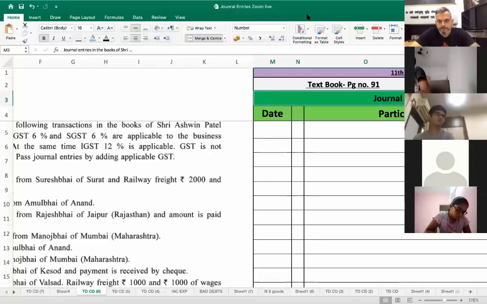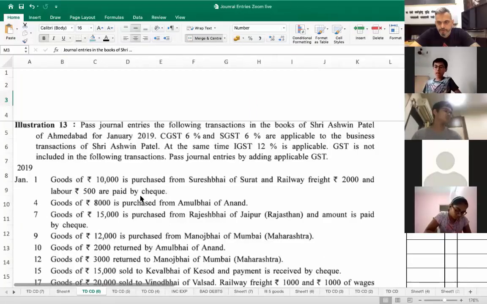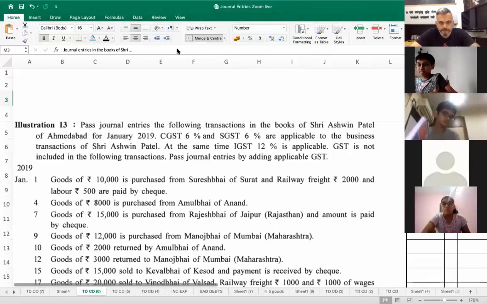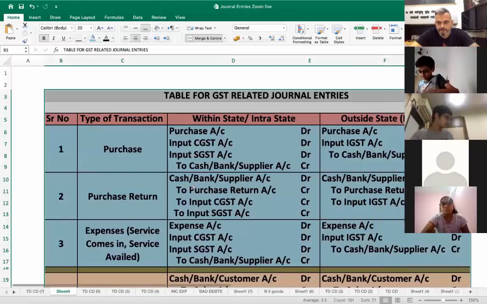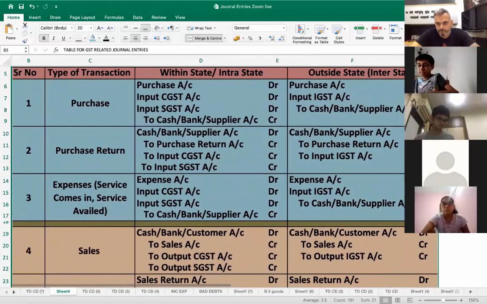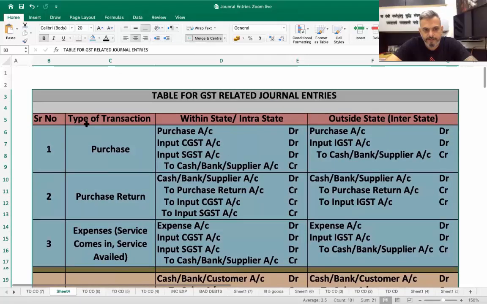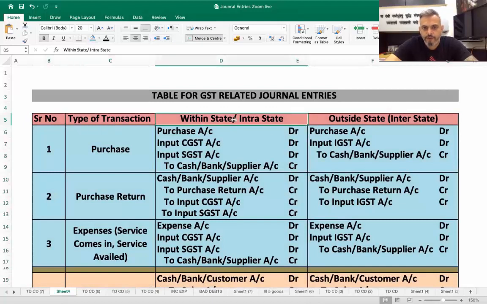Today we are going to do journal entries which have GST in them. Before that, let's once again go through the table of GST. Over here, you have to see two things. First, whether the type of transaction is within state, that is intra-state, or outside state.